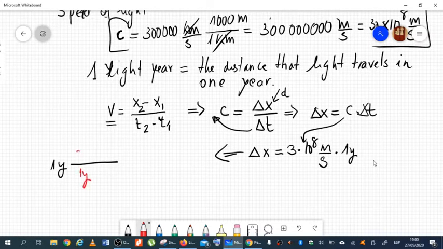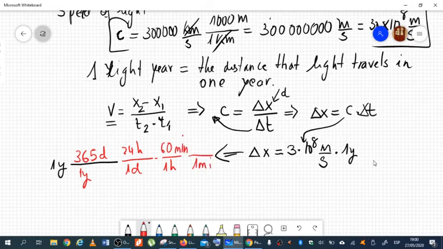So 1 year is equal to 365 days. 1 day is 24 hours, 1 hour is 60 minutes, and 1 minute is 60 seconds.